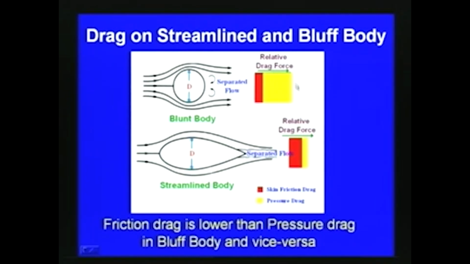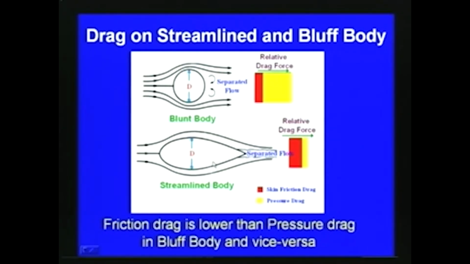In this figure, the friction drag is shown in red and the pressure drag is indicated in yellow. In the case of a bluff body like a circular cylinder, the pressure drag will be much more, the skin friction drag will be much smaller, and the total drag will be much higher compared to the streamlined body.